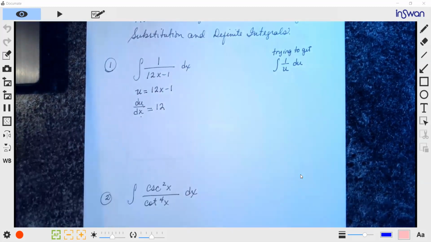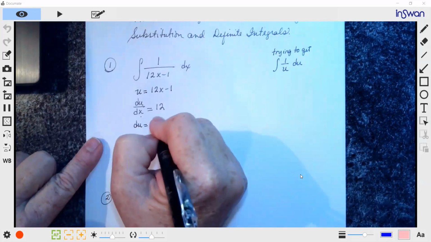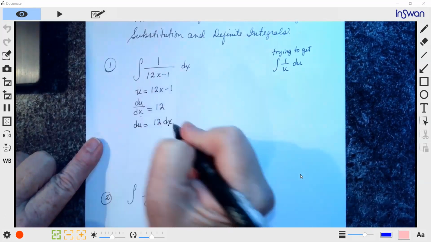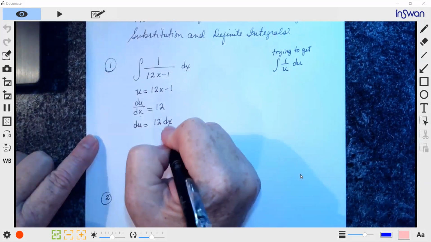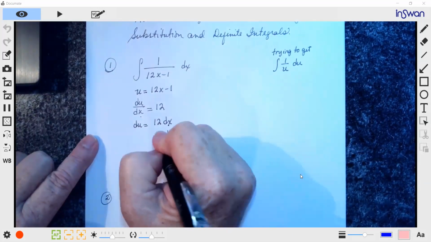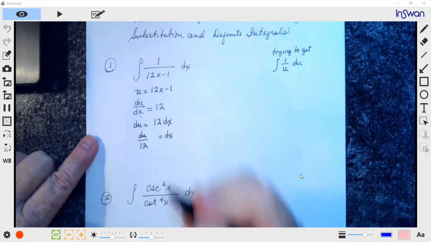So du is 12 dx, which would mean that dx is du over 12.